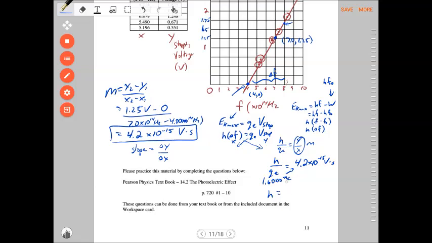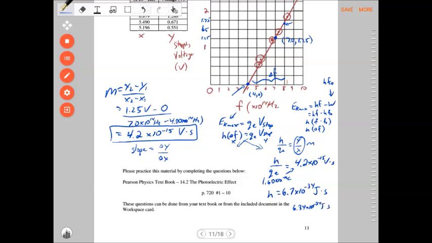Now remember, a volt times a coulomb is an energy. That's joules. So this works out to 4.2 times 10 to the negative 15 times 1.6, so 6.7 times 10 to the negative 34 joule seconds. Now compare that to the accepted value of 6.34 times 10 to the negative 34 joule seconds.